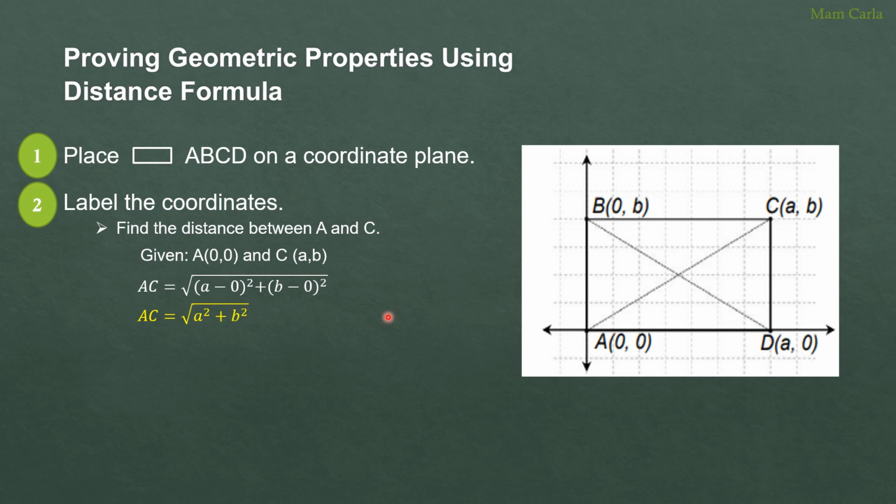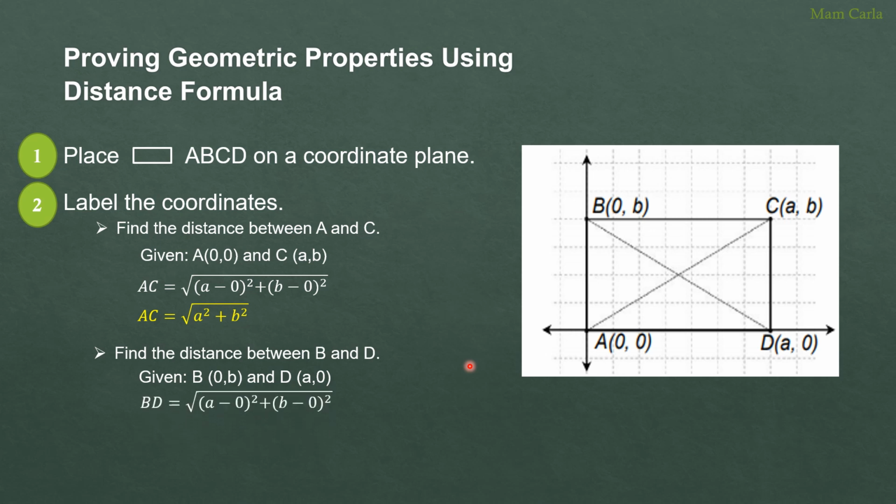Now, let us find the distance between B and D. Given that the coordinates of B is (0, b) and the coordinates of D is (a, 0), substituting these values to the distance formula, we have the distance of BD equals the square root of a minus 0 squared plus b minus 0 squared. Simplifying, the distance of BD is the square root of a squared plus b squared. So what have you observed?